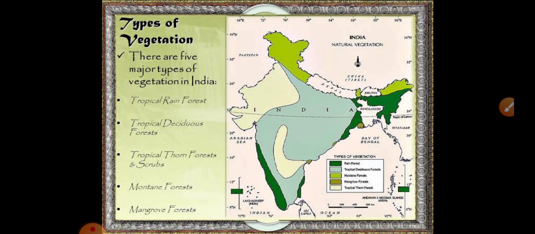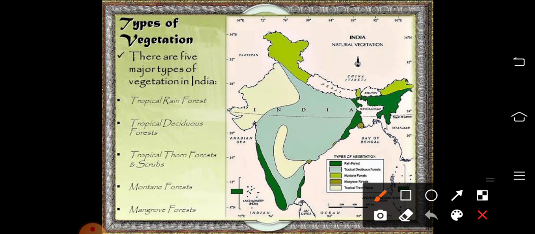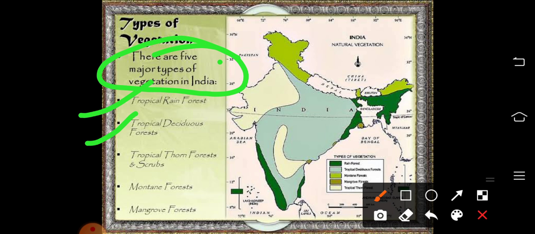So today we will start the types of vegetation in India, or the types of forests seen in India. There are mainly five major types of vegetation of India. First one is tropical rainforest, then tropical deciduous forest, then tropical thorn forest and scrubs, then mountain forest and mangrove forest.